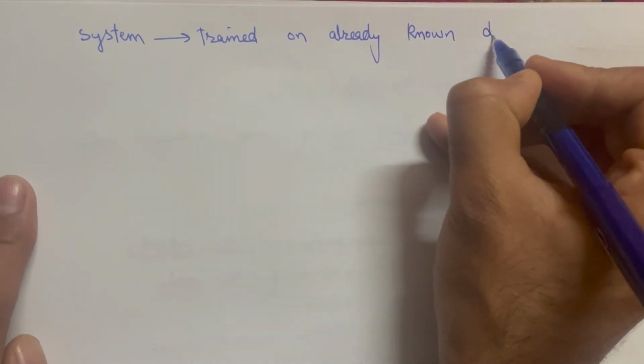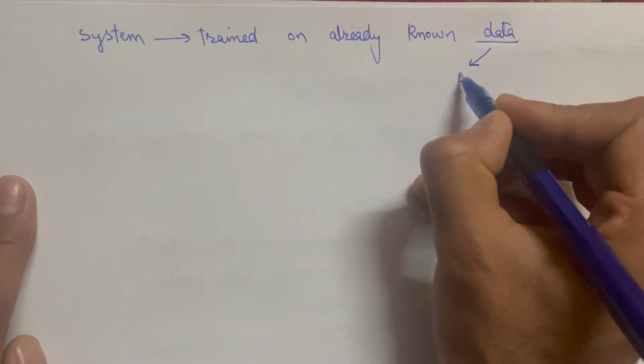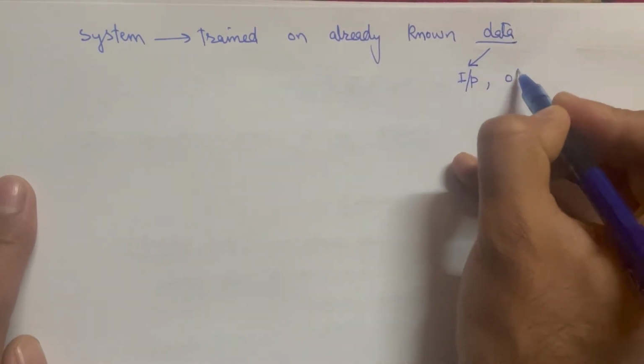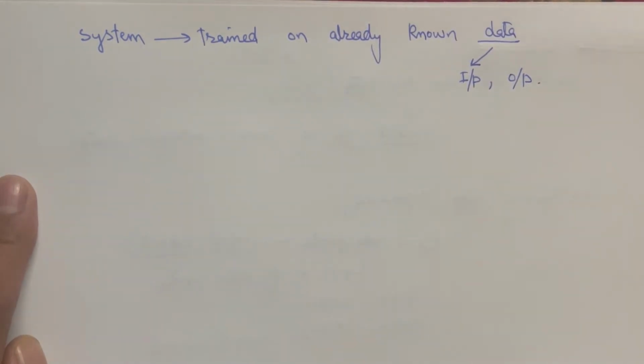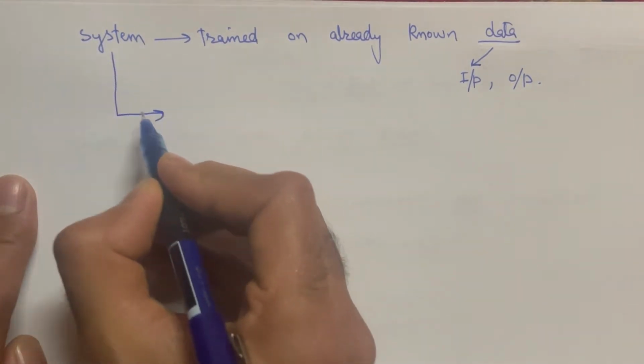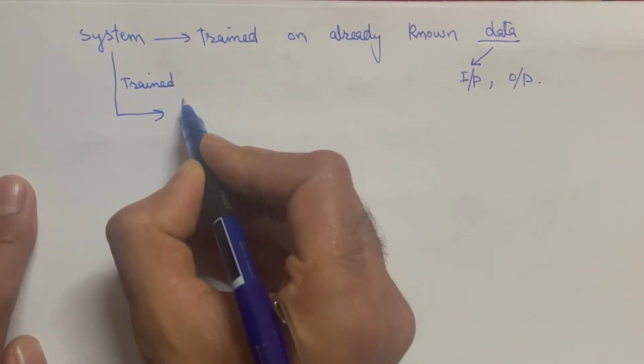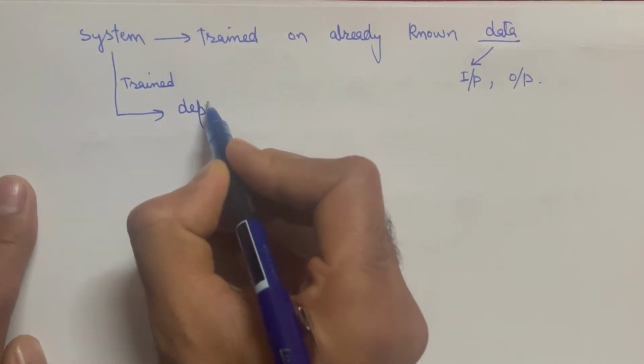And what was the feature of this particular data? This data has both input and output. Now we will take this trained system. So this is the trained system. We will take this trained system and we will deploy it.